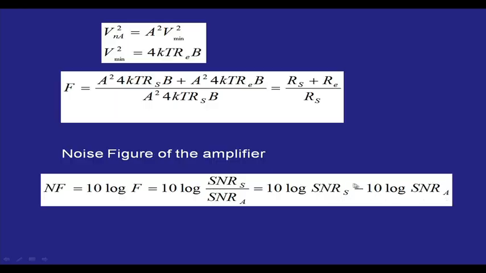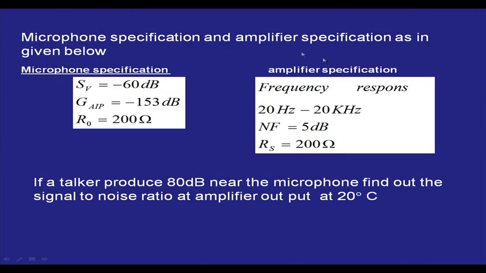Or 10 log SNRA is nothing but 10 log SNRS minus NF. So if I know the microphone SNRS, and if I know the noise figure, I can calculate the amplifier SNR. Okay. So you can solve this problem.